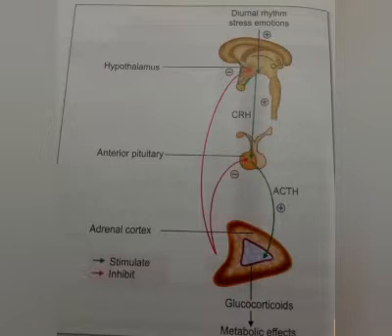Regulation of glucocorticoid secretion. The secretion of glucocorticoids is regulated by the hypothalamo-pituitary-adrenal axis and the adrenocorticotropic hormone-cortisol axis. Adrenocorticotropic hormone stimulates the secretion of glucocorticoids from the adrenal cortex, from the zona fasciculata cells.